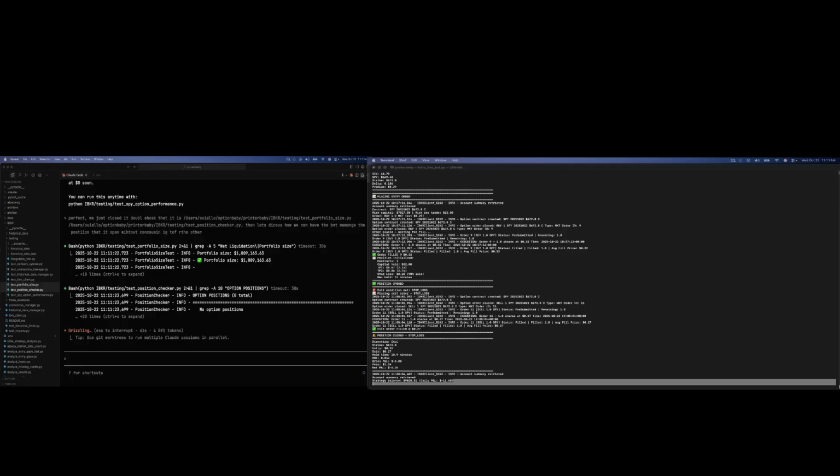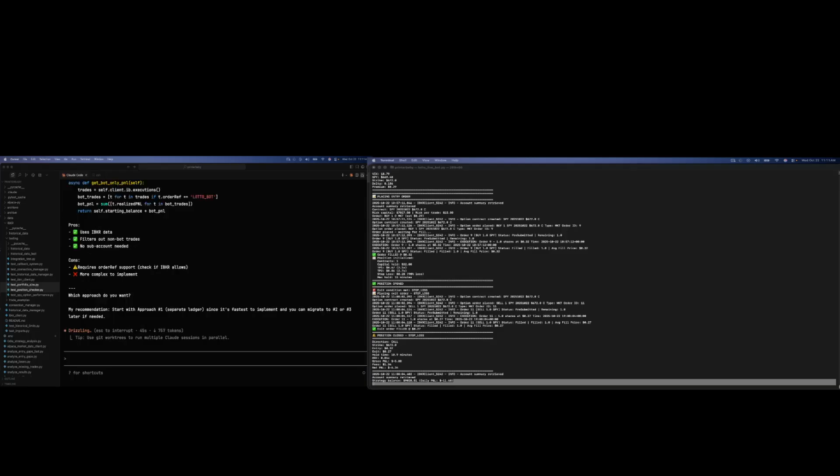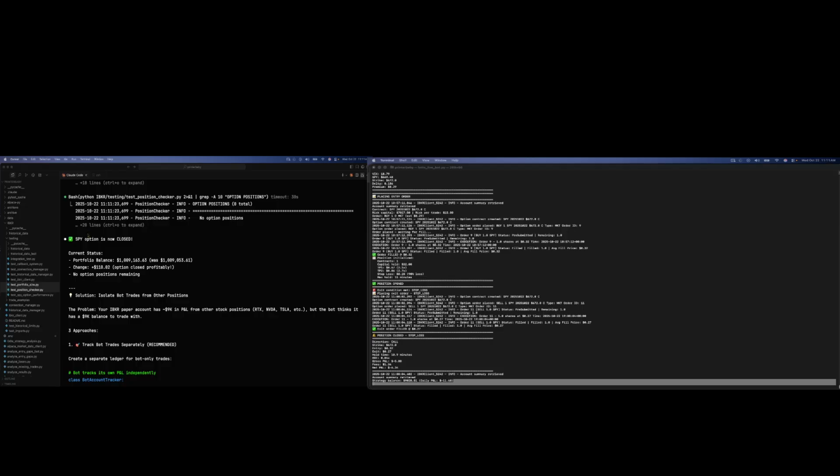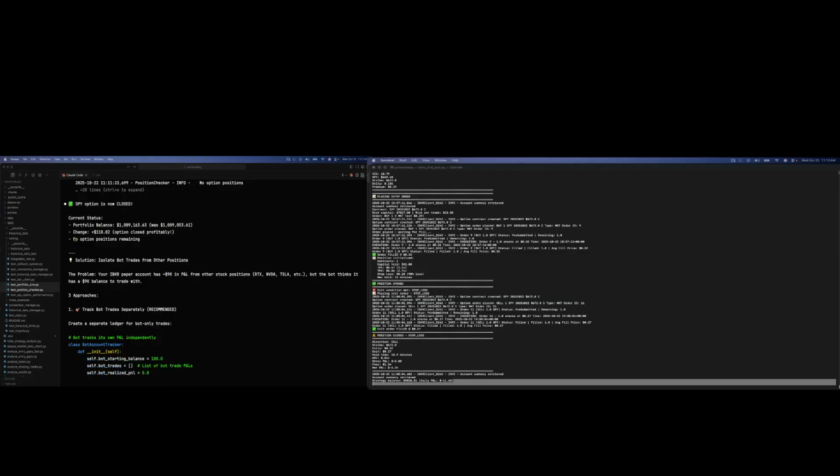So I'm just waiting for the output. As soon as it outputs its response, and again, I just asked it to verify if the positions were closed, and it is. And now, okay, the SPY position is now closed. The portfolio balance, the change option closed profitably.